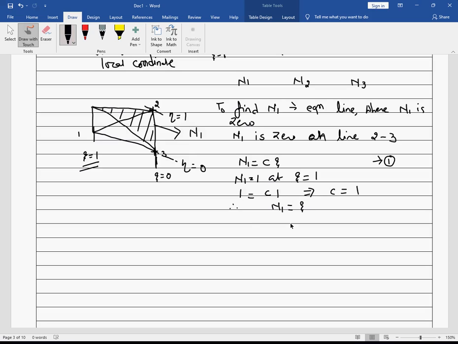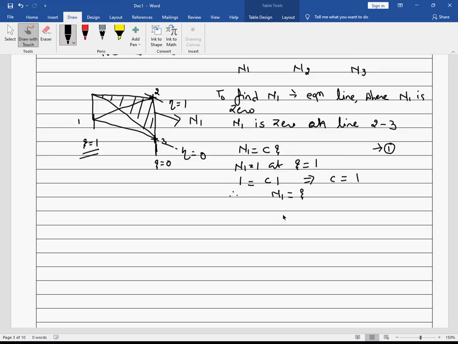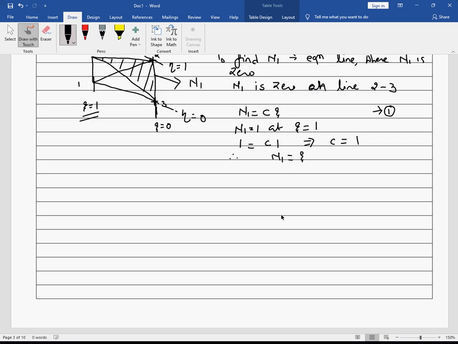Now I would like to go for the second shape function. So that is at the point 2. So again I need to draw the figure. So I can call this point 2.